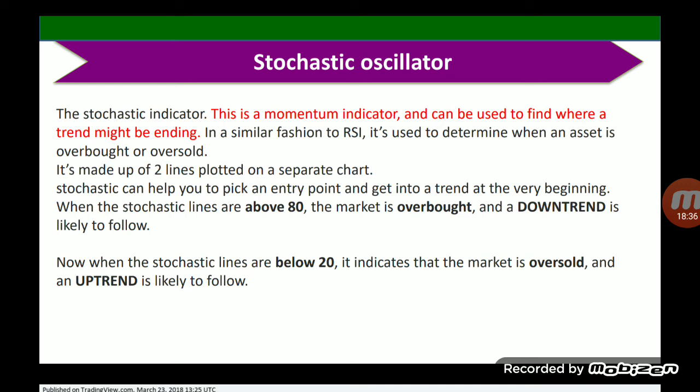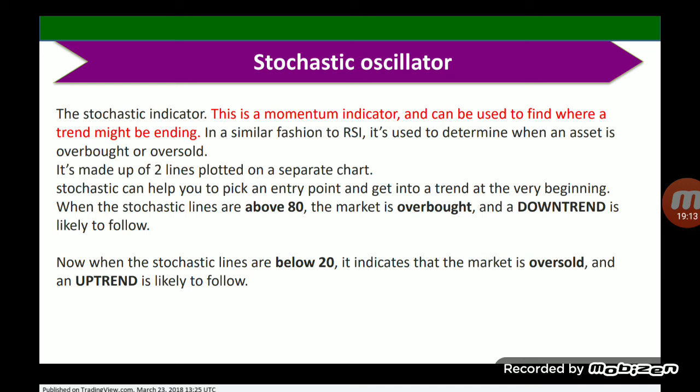The stochastic moves between 0 to 100, and when the stochastic lines are above 80, the market is overbought and a downtrend is likely to follow. Means it can take the downtrend after the overbought zone. When the stochastic lines are below 20, it indicates that the market is oversold and an upward trend is likely to follow.